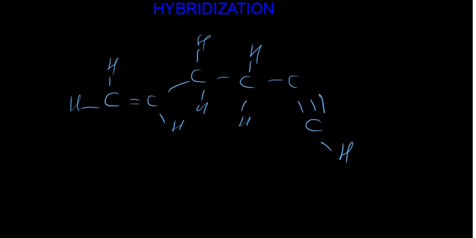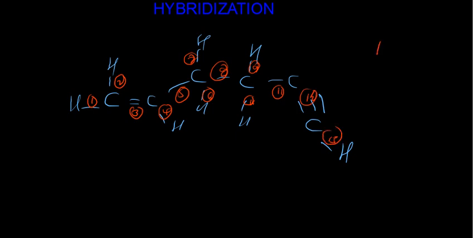Okay, so let's count how many sigma bonds are in this compound. So here there's one sigma bond, two sigma bonds, three sigma bonds, 4, 5, 6, 7, 8, 9, 10, 11, 12, 13.